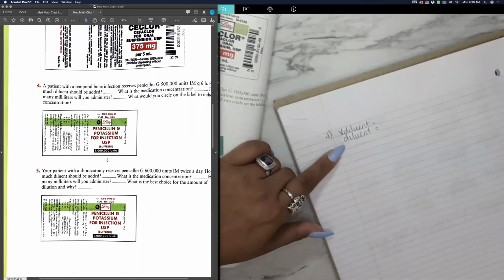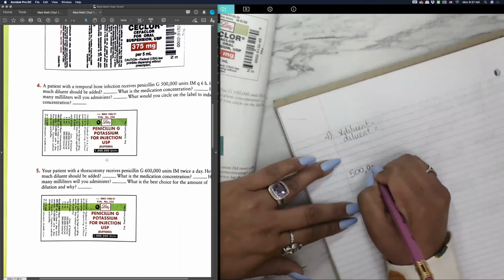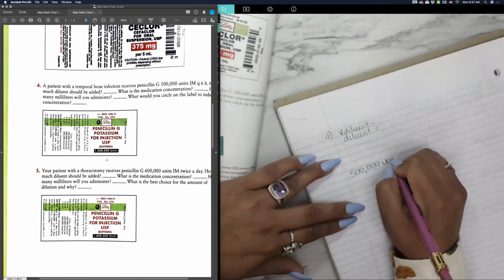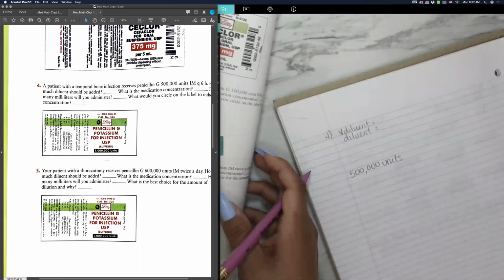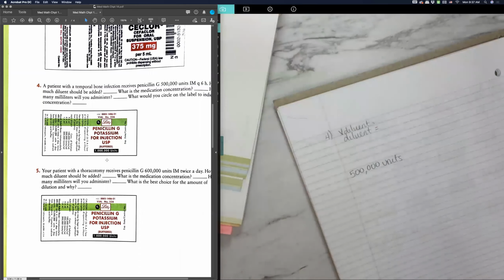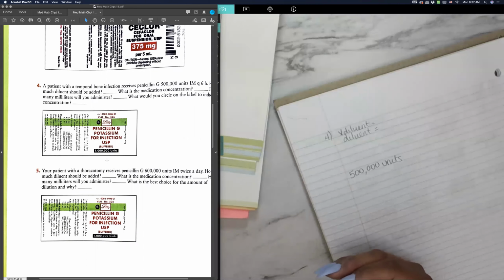So what is the doctor's order for this patient? The doctor is prescribing 500,000 units. On this medication, I have a scale on the left-hand side of my label. If I add a diluent in the amount of 9.6 milliliters, I get a dosage strength of 100,000 units per milliliter.